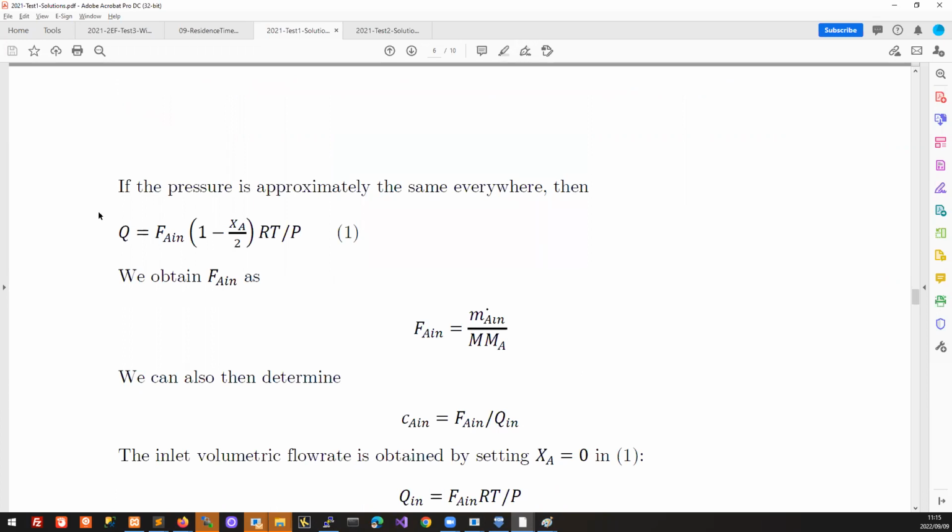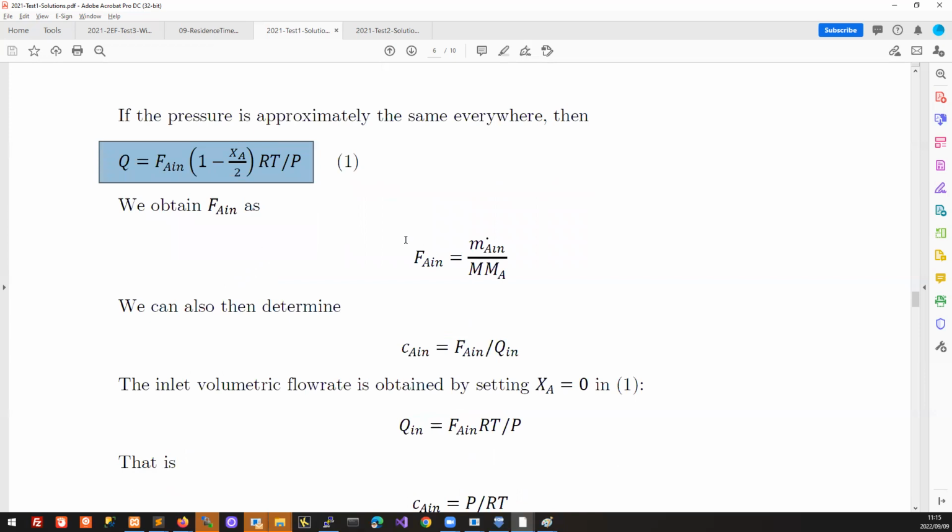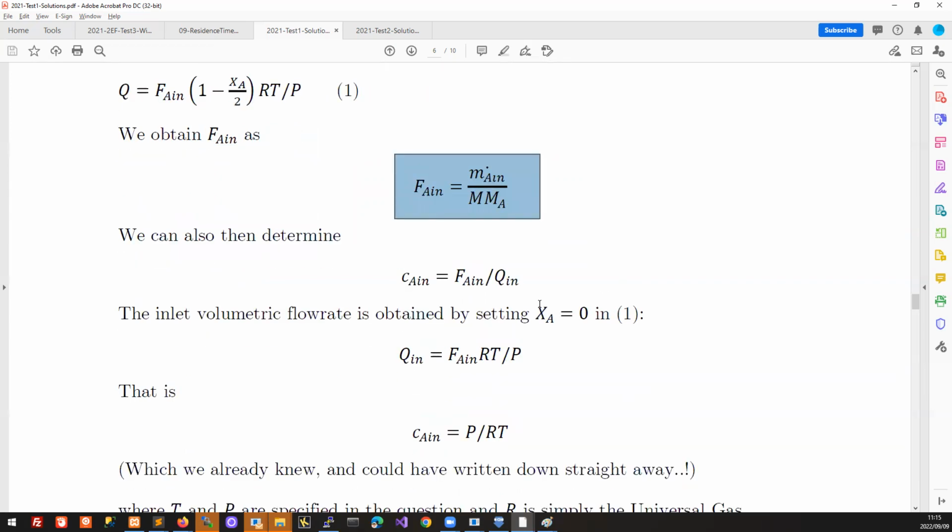And then we can work that out as a function of Q. So we can rewrite that in terms of Q. And so we can work out, then we also have FA in over here. So we said that's our molar flow in. And then, let's see, we can then determine.